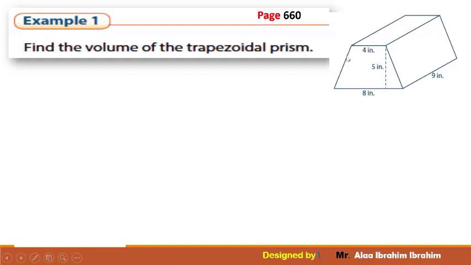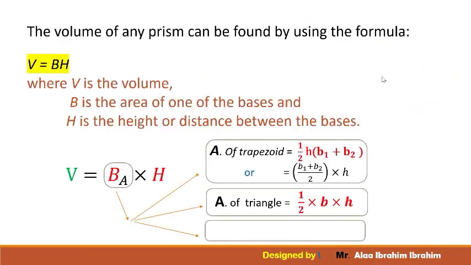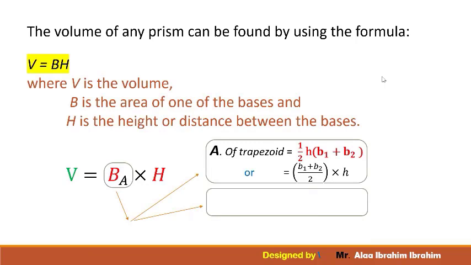So I have to find the area of the trapezoid because it is my base. If I return to my rule, I have to deal with this form because my base is a trapezoid. So I change this B with this rule. Remember this rule, okay?